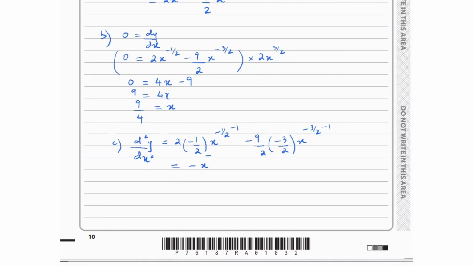Negative x to the power of negative 3 over 2, plus 27 over 4 x to the power of negative 5 over 2. That is the second derivative.